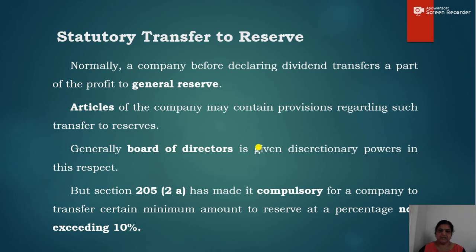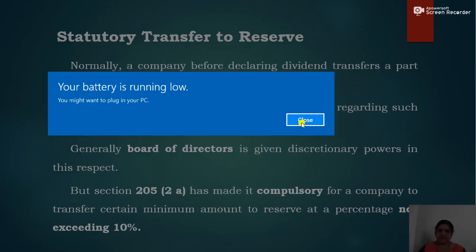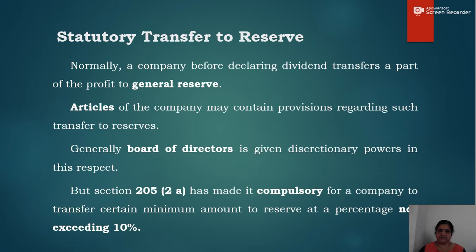But section 205 subsection 2A has made it compulsory for the company to transfer a certain minimum amount to reserve at a percentage not exceeding 10%.